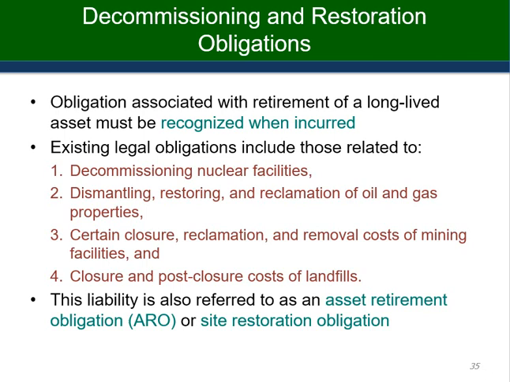So we need to estimate, once again, the future obligation, and so we need to record the expense and the related liability in the period in which the obligation was incurred. So the obligation needs to be recognized when incurred. Some examples would be decommissioning nuclear facilities, oil and gas properties, mining facilities, other landfills.